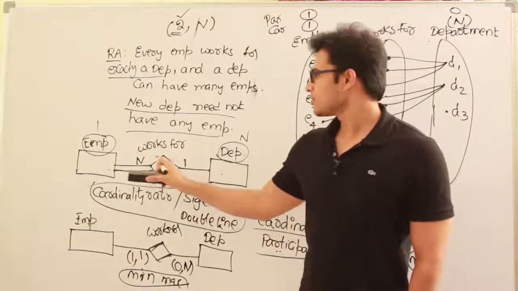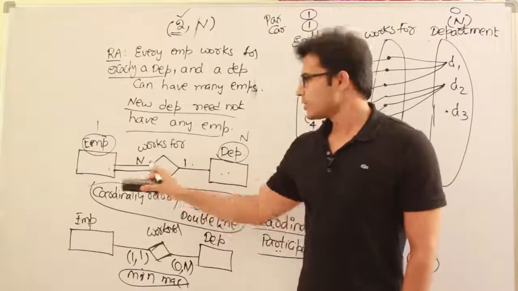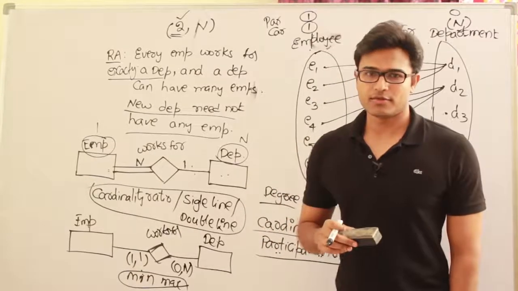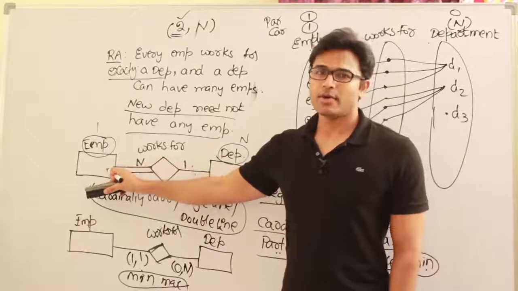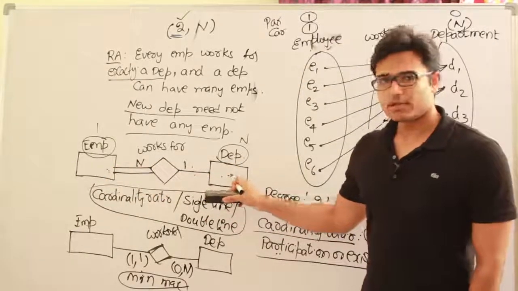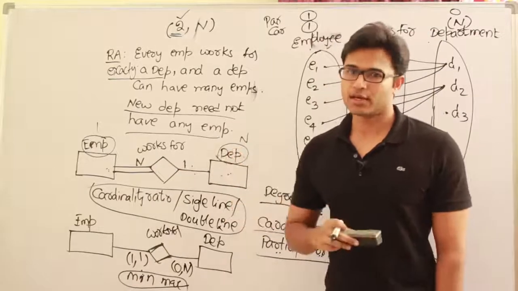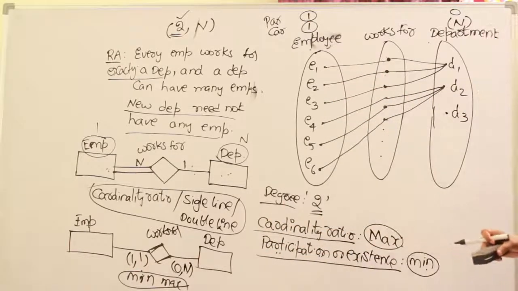Many employees are related to one department, or department to employee is one to many relationship. Therefore, it will be easy for you to understand if you write that way. Even though this is the one who is participating in maximum 1 and maximum n, while we write the numbers we write it this way so that it will be easy for anyone to read it and understand it. Got it? Yeah, these are the important points.